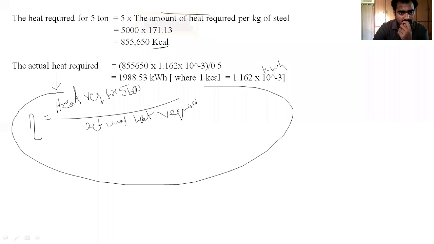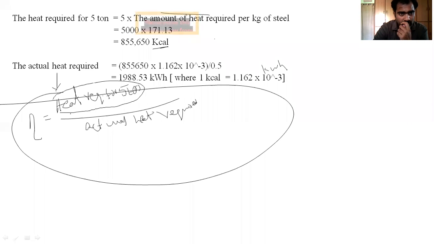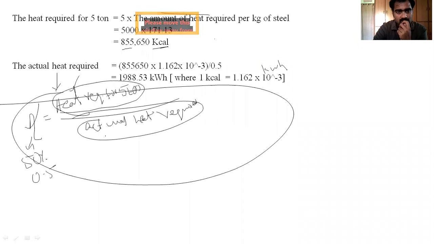From this you have calculated the heat required for 5 tons, that is 8,55,650 kilocalories. The efficiency he has given as 50%, that is 50 by 100, 0.5. So you know these values, and from this formula you are going to calculate the actual heat required, that is the amount of heat required for 5 tons per efficiency, 0.5.